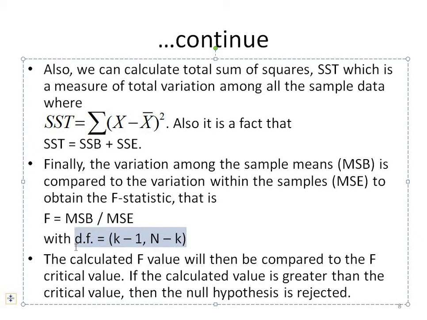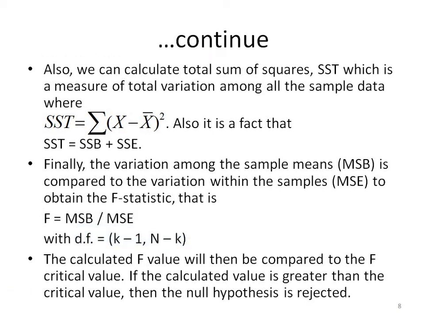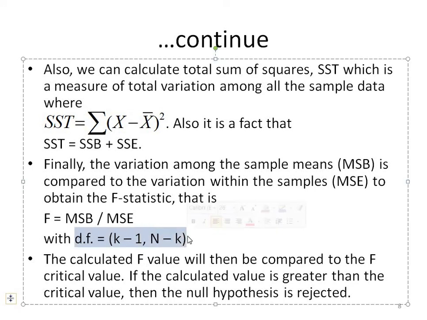These degrees of freedom are very important because later, when you want to find the critical value for F from the table, you have to refer to these degrees of freedom.